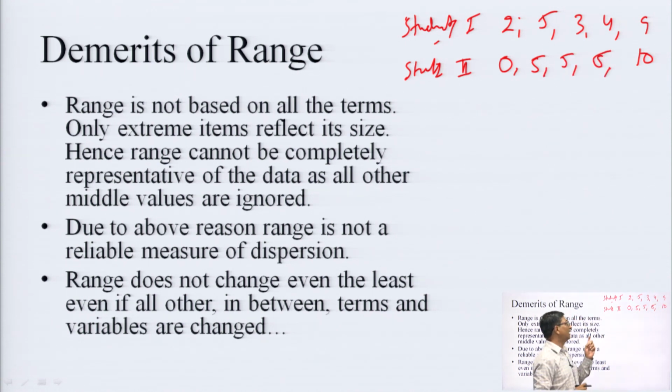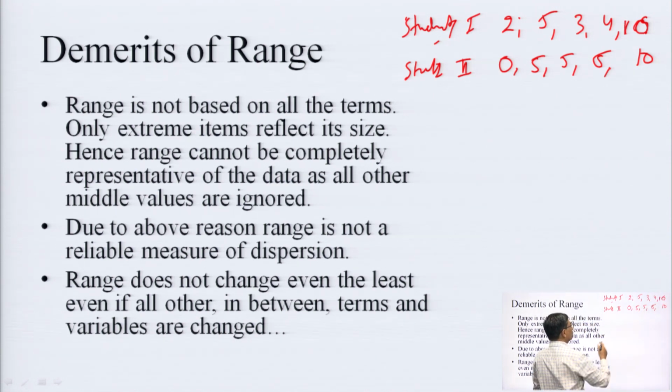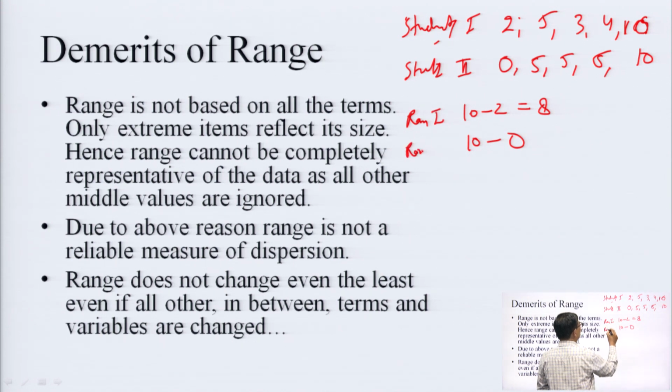So, in the first data, for example, if we take the largest as 10, the range for the first student is 10 minus 2, which is 8, and the range for the second student is 10 minus 0, which is 10.